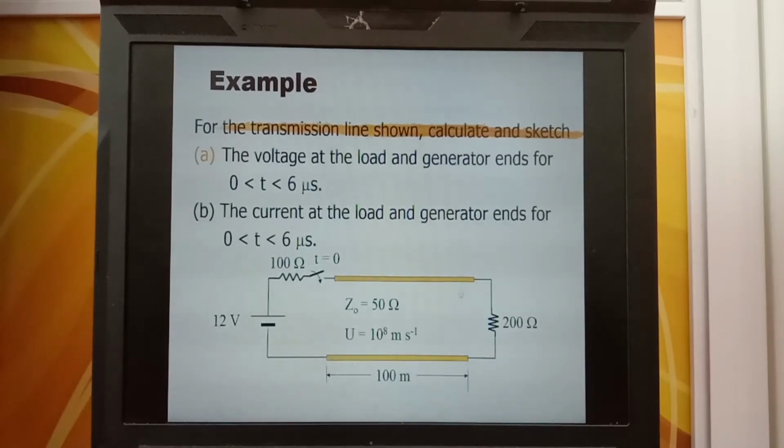The transmission line is terminated by a load resistance of 200 ohm. At the source end, we have a voltage of 12 volts with a generator resistance ZG of 100 ohm. The switch is closed at time t equals 0.